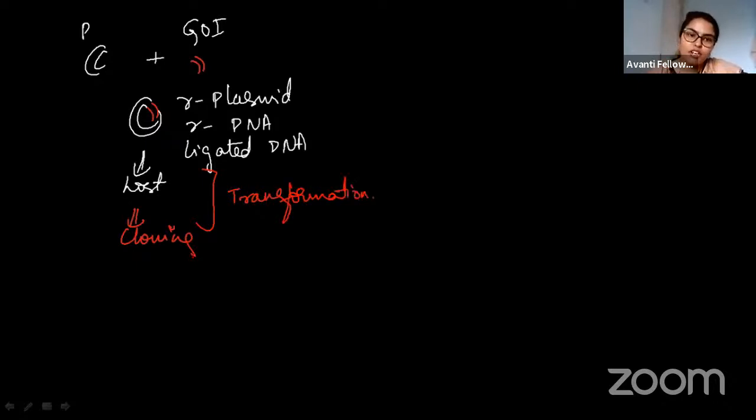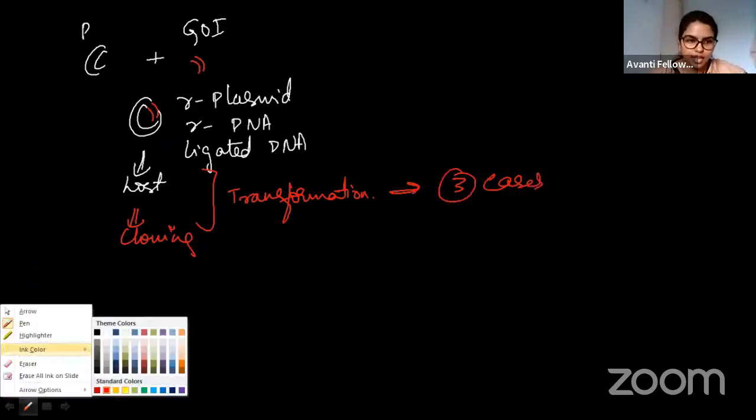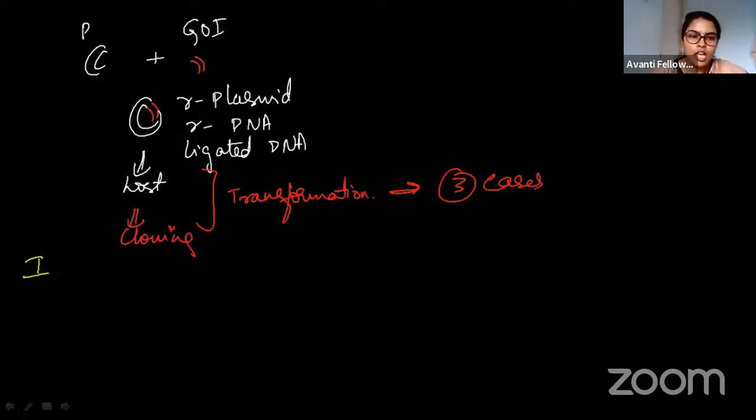Now, after transformation, there are three situations or three cases. The first case: in the upcoming bacterial cell, we had a host cell, we put the rDNA in it and allowed it to clone. The next generation bacteria might not have any plasmid. Many times there is no plasmid entered.